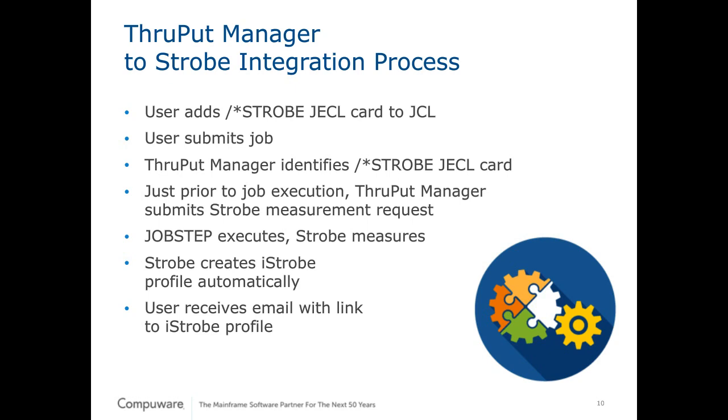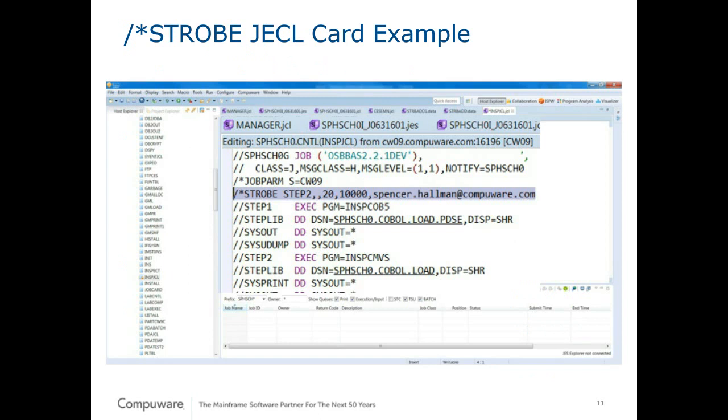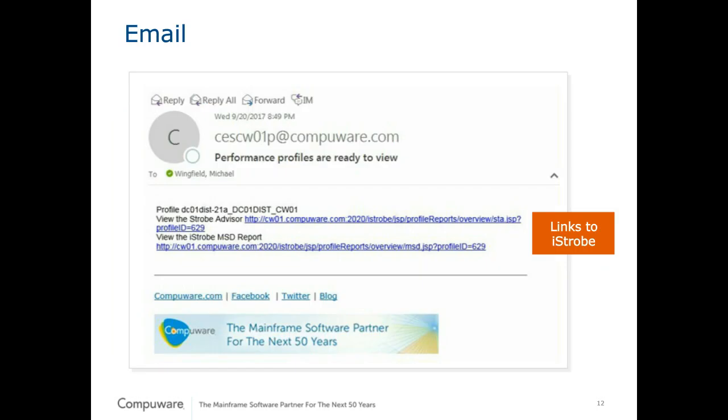The job step executes, the strobe measures it, and automatically creates the iStrobe profile, and then you'll receive an email with a link to the iStrobe profile. So this is just an example of what that card would look like in your JCL. And this is an example of what the email that you would get.